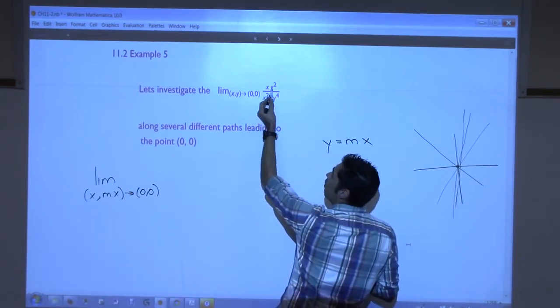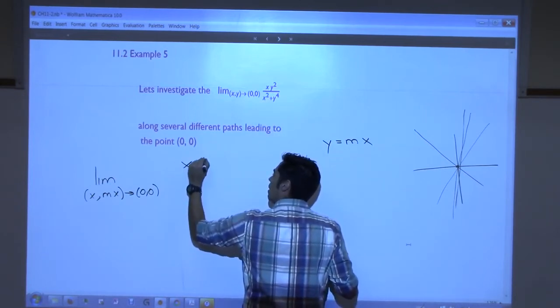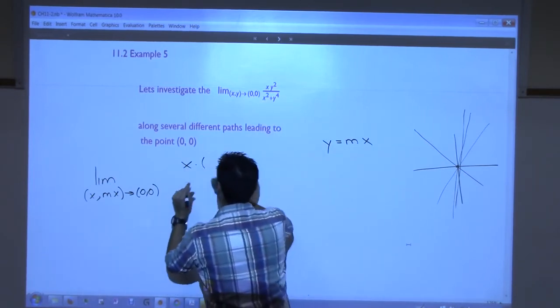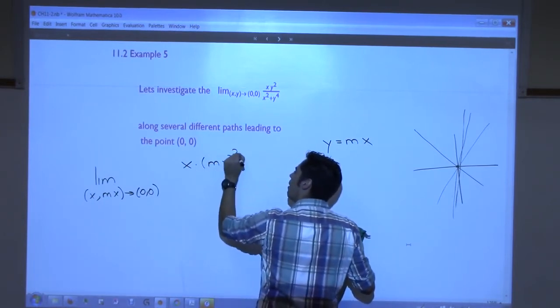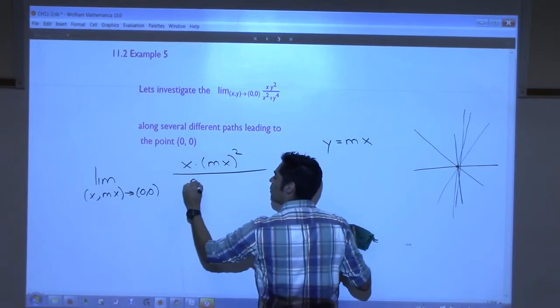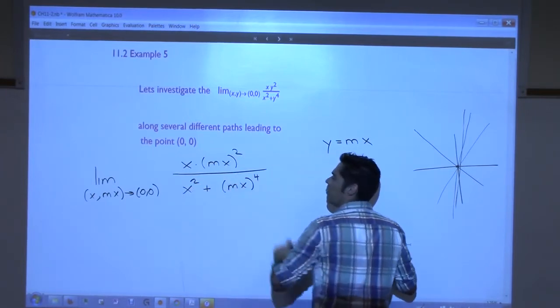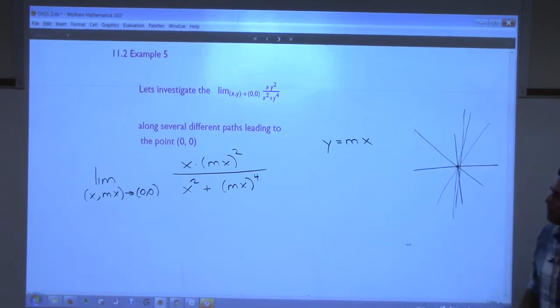I'm replacing my y with mx. So it becomes x times mx squared over x squared plus mx to the fourth. And the question is, what is this?